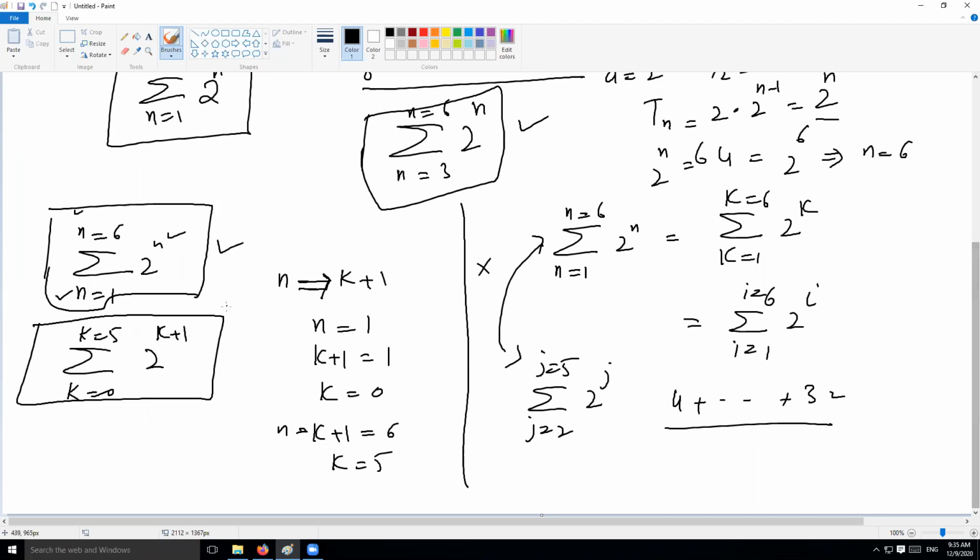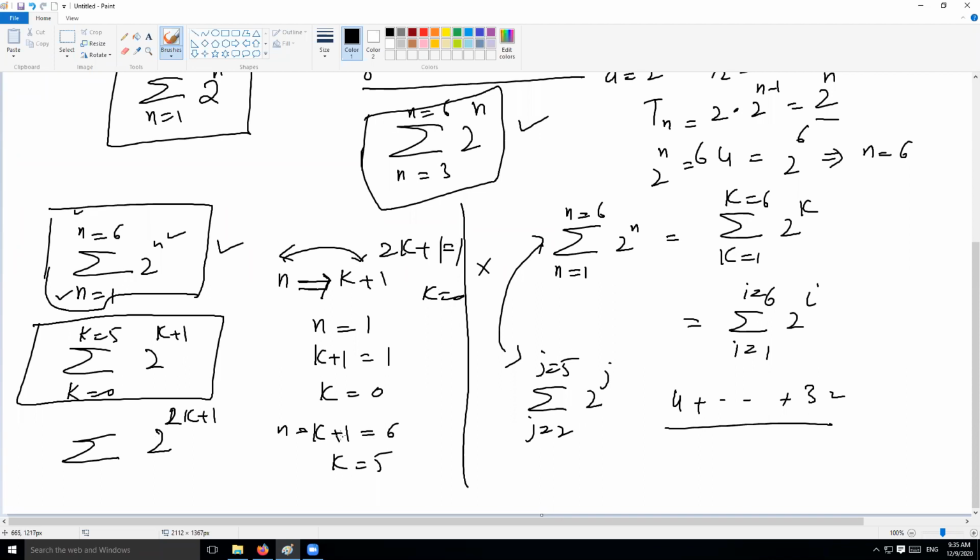And you can replace this n with k plus 1 or anything you like. For example, I want to replace n by 2k plus 1. ठीक है, तो पावर क्या हो जाएगी? It's going to be 2 power 2k plus 1. और फिर you also have to change the sum actually. So सबसे पहले 2k plus 1, you're going to equate it to 0, so you're going to get k equal to 0.